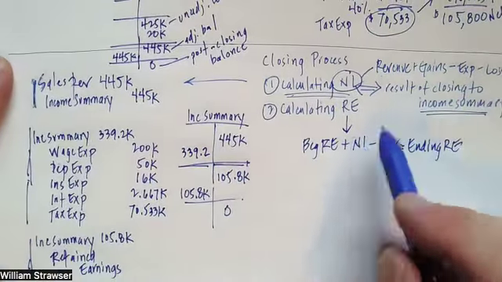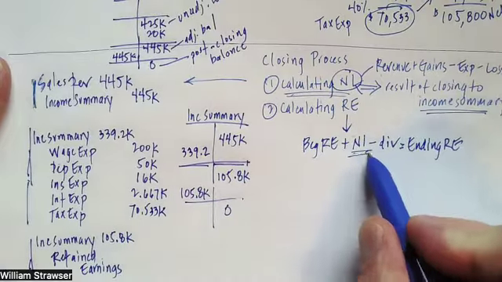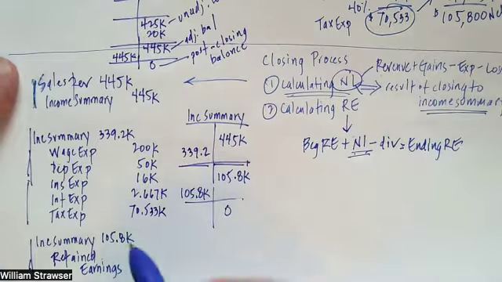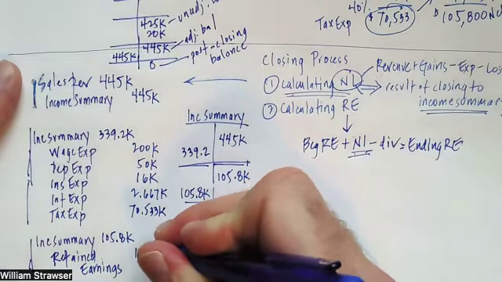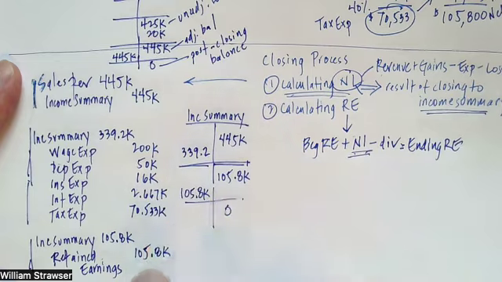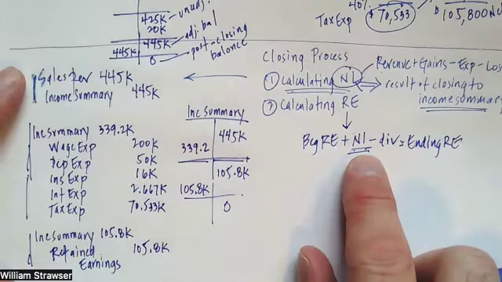So what we're doing with this closing entry is essentially adding net income, because we're debiting the income summary by 105,800, but then we're crediting retained earnings, which adds this amount into the retained earnings account. It's adding the net income in there.